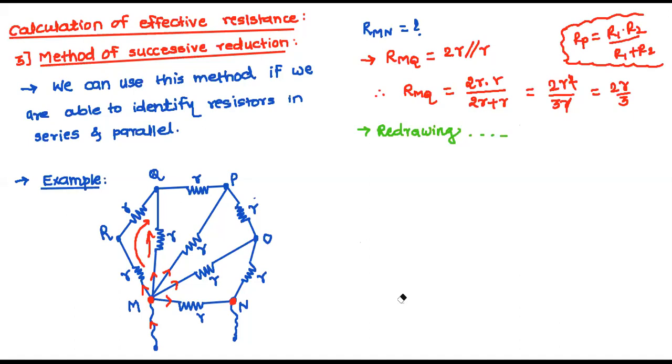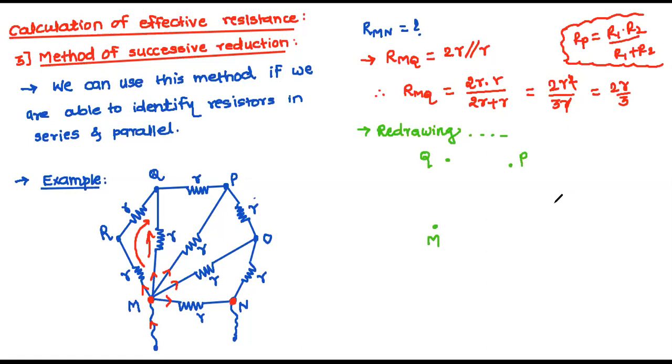Because successive reduction is the method. What is this method? Successive reduction. So let's draw it again because we have found this MQ branch resistance. Now it will be like this: here it will be M point, and this one is Q point. Then this one is P point as it is.